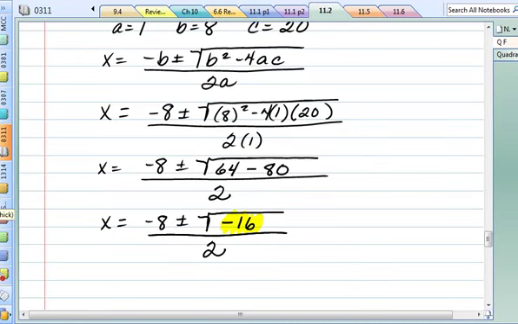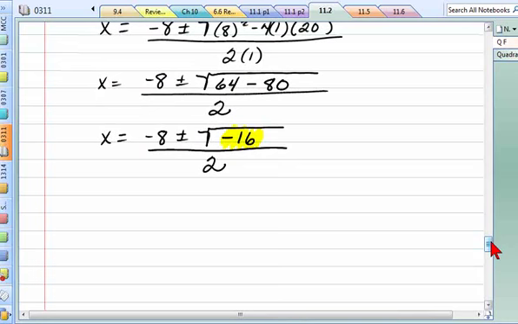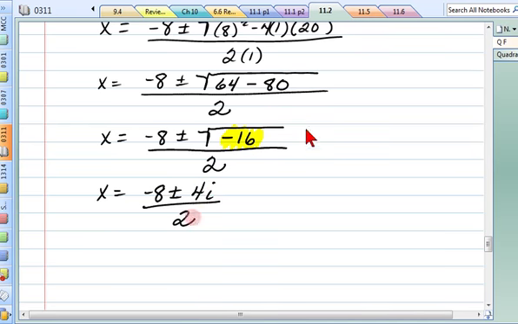What does that tell you about the answers? They're going to be imaginary, because I'm going to try to take the square root of a negative number. So x is equal to negative 8 plus or minus, what are the square roots of negative 16? 4i over 2. So the negative 16 should tell you that you're going to get imaginary.